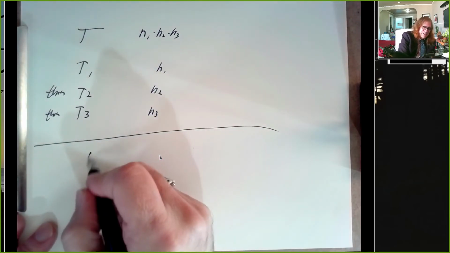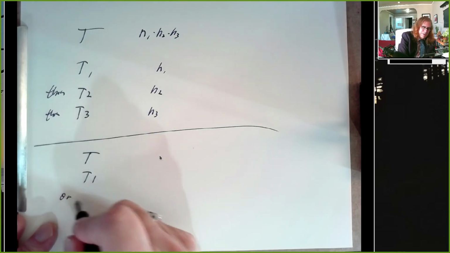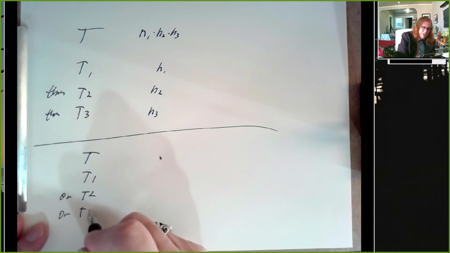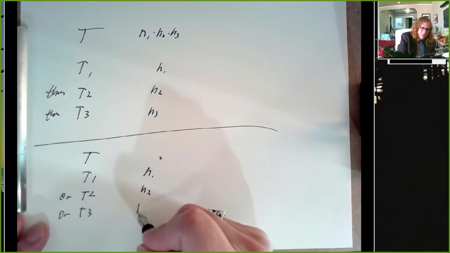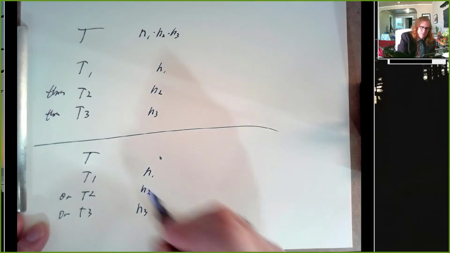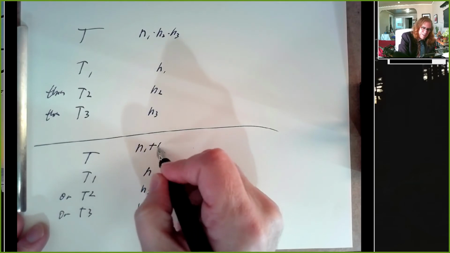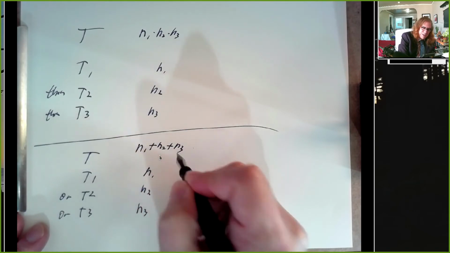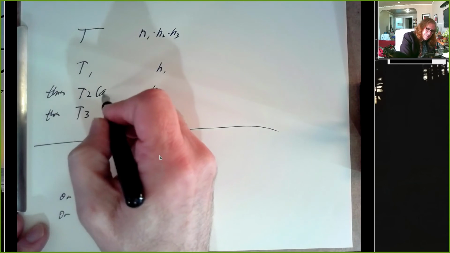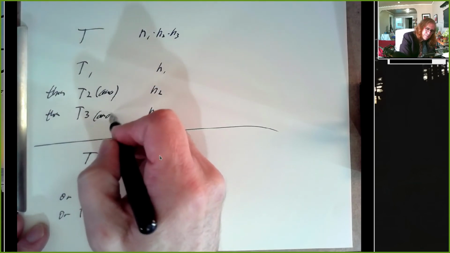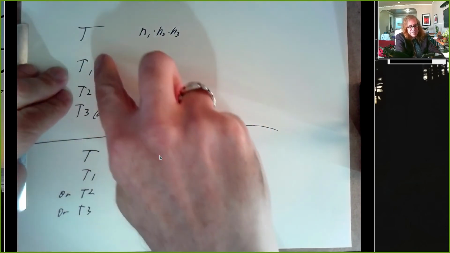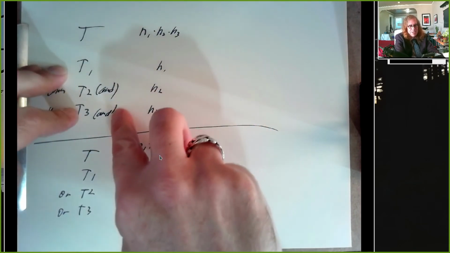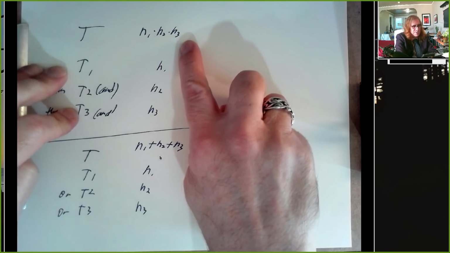If we can do a task by doing either T1 or T2 or T3, and this can be done n1, n2, and n3 ways, then the number of ways we can do T is the sum n1 plus n2 plus n3. So if you have to do all 3 of these tasks, do T1 and then do T2 and then do T3, it's a product rule.